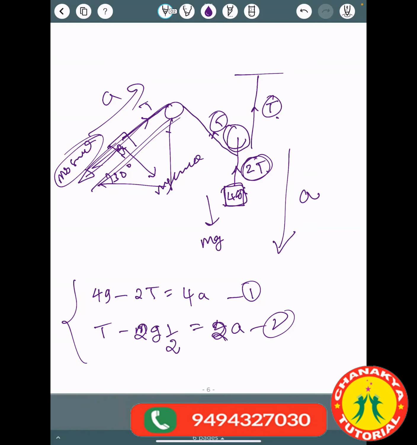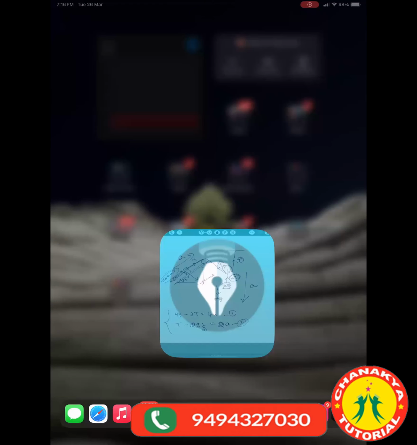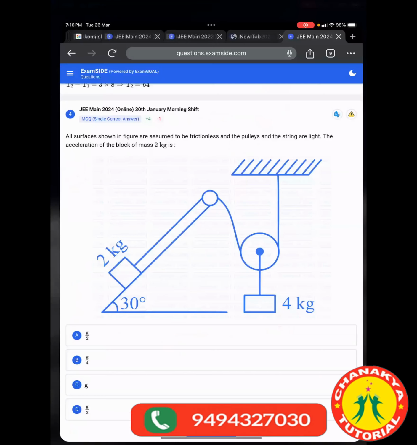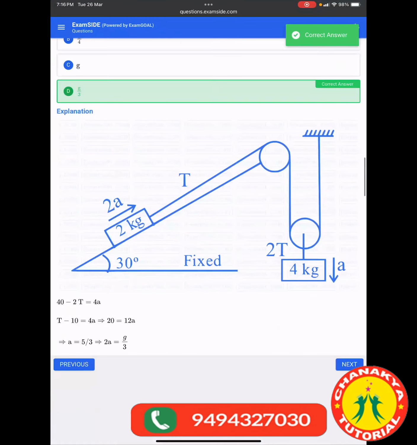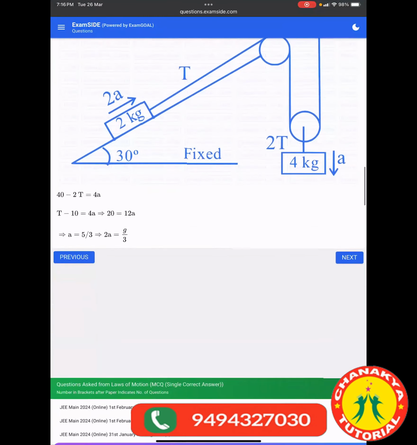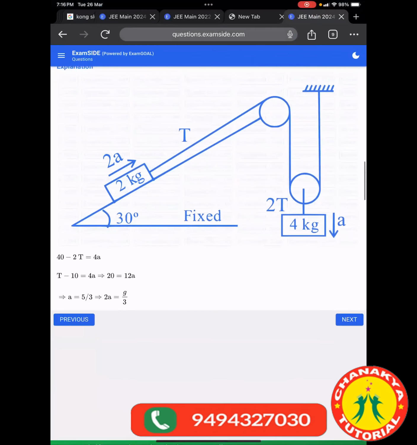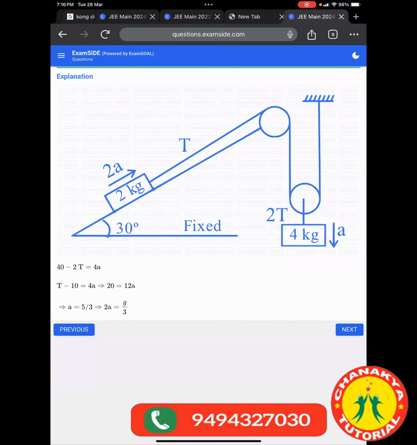A is equal to, no, keep g as it is. In terms of g, you tell me. Then it will be g by 3, no? Let me check. Yeah, g by 3 is the correct answer. Simple, right? Take a screenshot of the solution if you want.